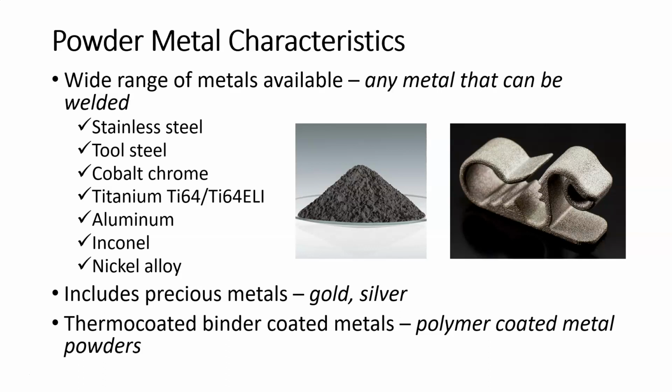This also includes gold and silver, precious metals. Thermo-coated, binder-coated metals, meaning metal powder that has a plastic coating on it, can also be used. So those are polymer-coated metal powders.